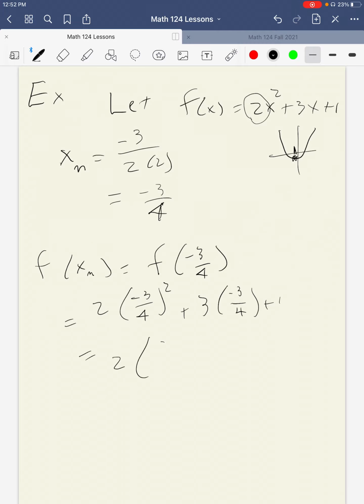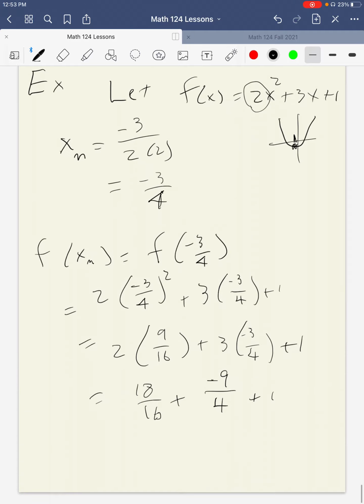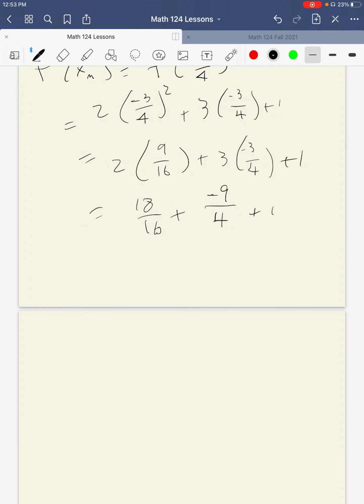And now we just crunch these numbers. So 2 times 9 over 16 plus 3 times negative 3 over 4 plus 1. Okay, so that's 18 over 16 plus negative 9 over 4 plus 1. Okay, clean this up a little more. That's 18 over 16, and then we have negative 9.